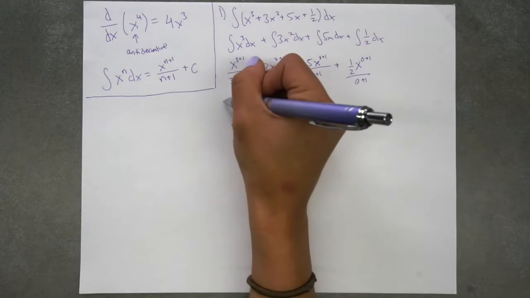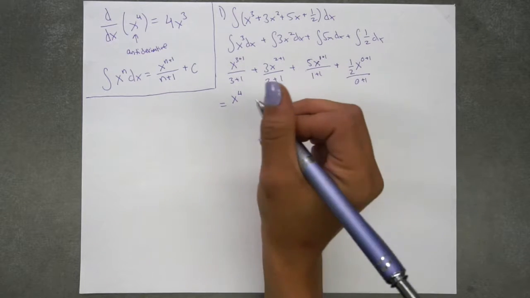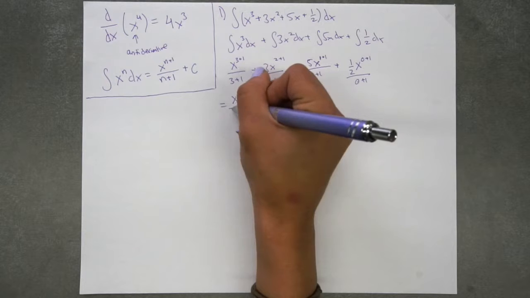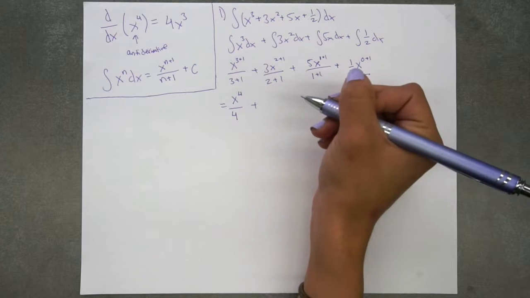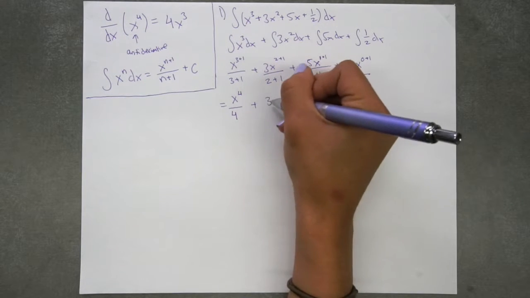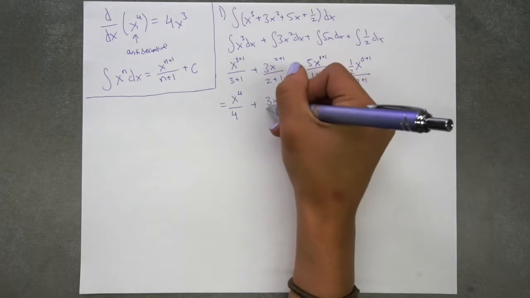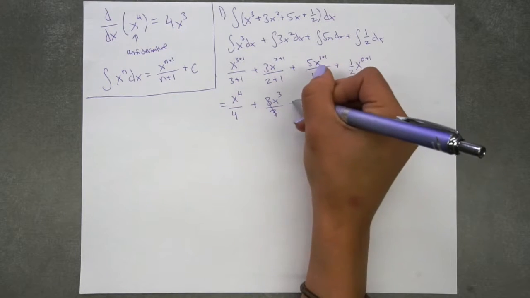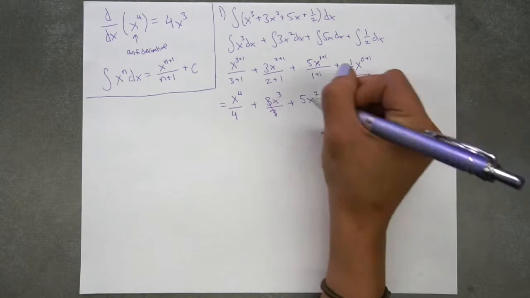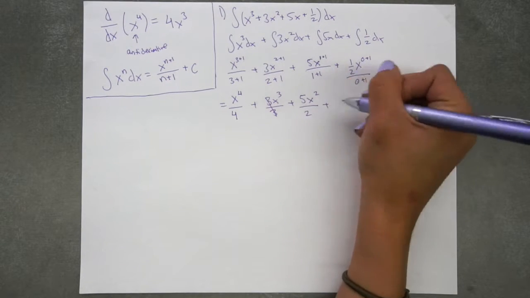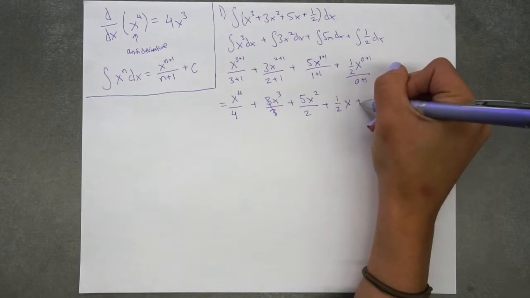And this all simplifies to x to the 4th divided by 4 plus 3x cubed, and 2 plus 1 is 3, so it cancels with the 3 up there, plus 5x squared divided by 2, and then this we can just write as 1/2 x plus a constant.